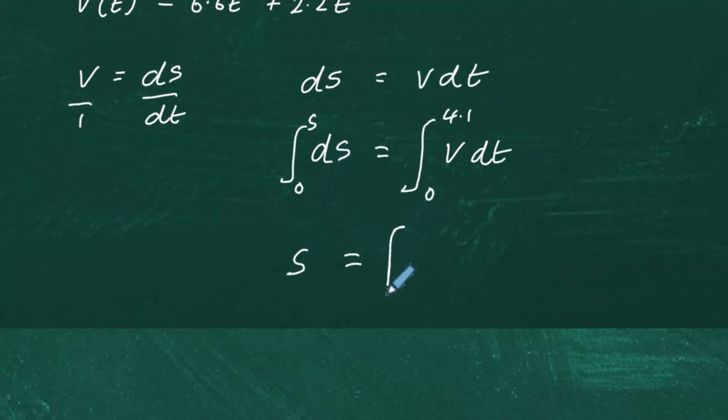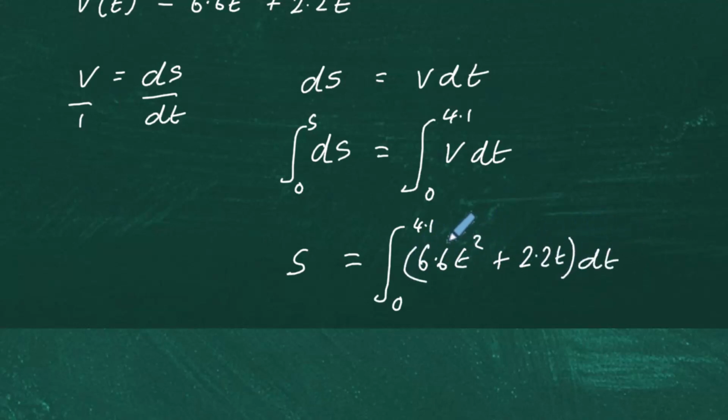So it's going to be the integral from 0 to 4.1 of v dt, and v is 6.6 t squared plus 2.2 t, and we have to integrate that expression and put in the limits.